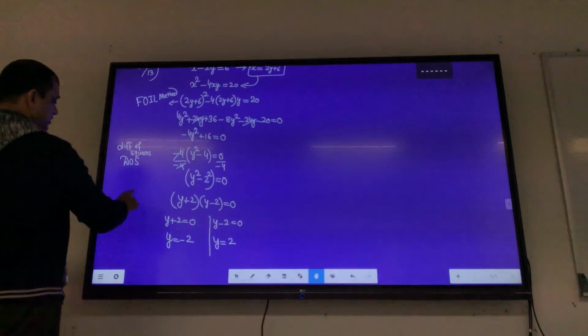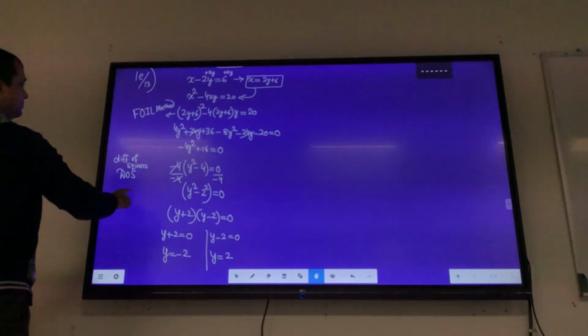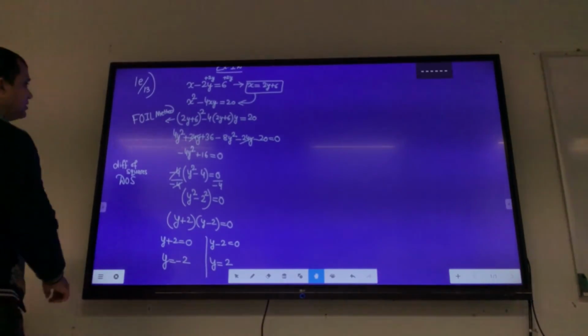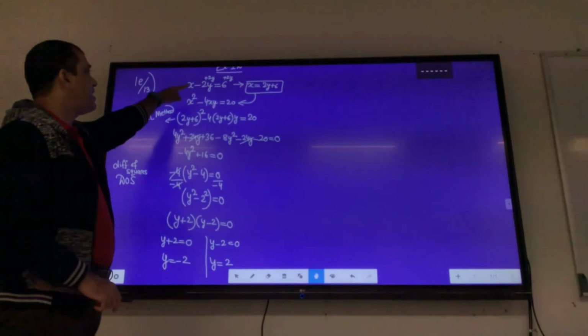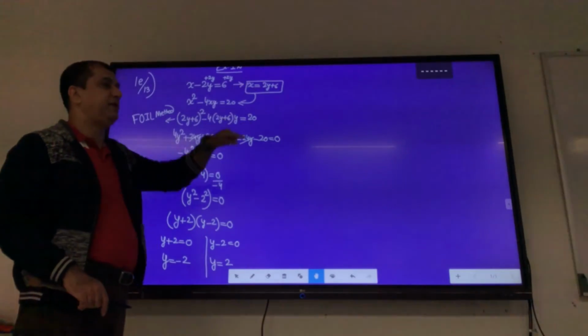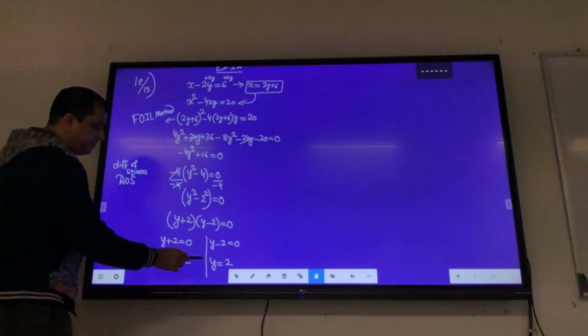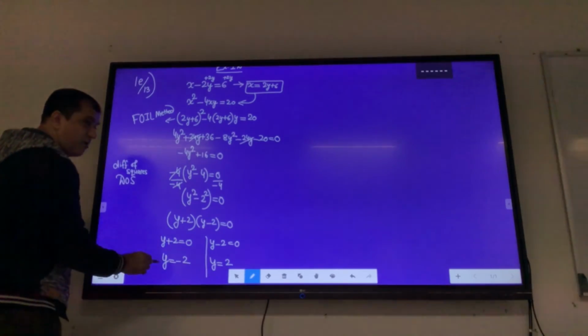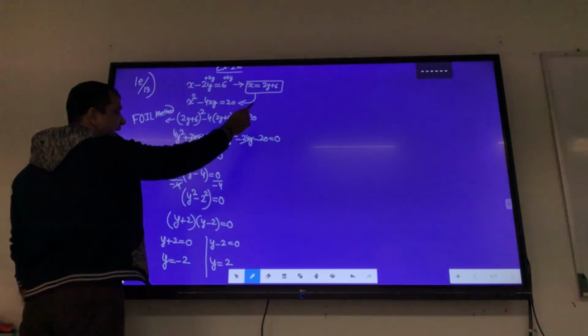Now y is minus 2, y is 2. What was the given equation? The given equation was x minus 2y equal to 6, which gives x equal to 2y plus 6. We are going to plug in the y values into this equation to get the x values.